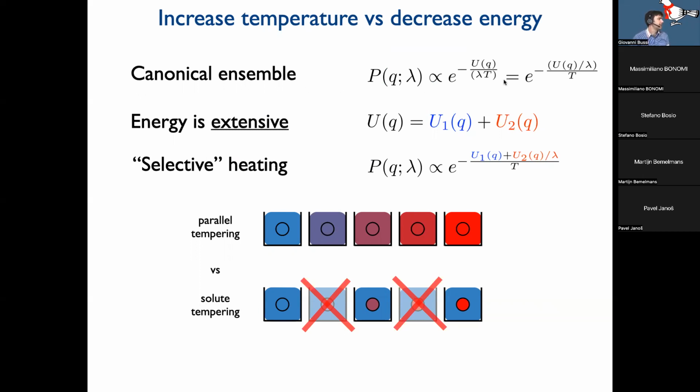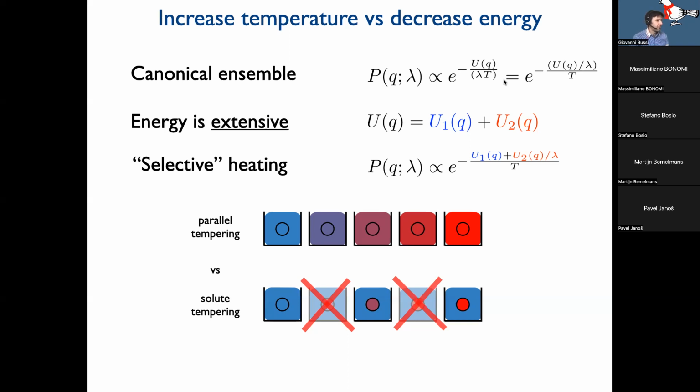So clearly, doubling the temperature is equivalent to dividing by 2 the energy. And indeed, you could take your force field divided by 2, run a simulation, and you will get exactly the same effect as running at a higher temperature by a factor 2.